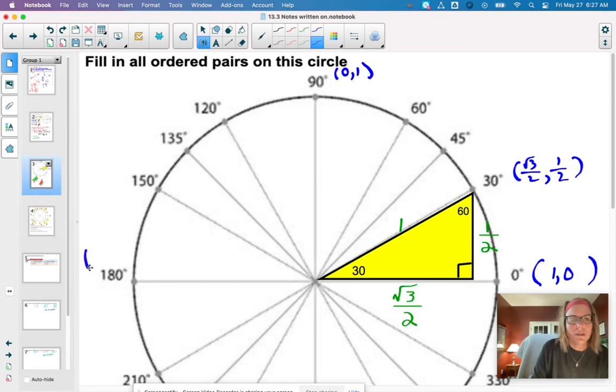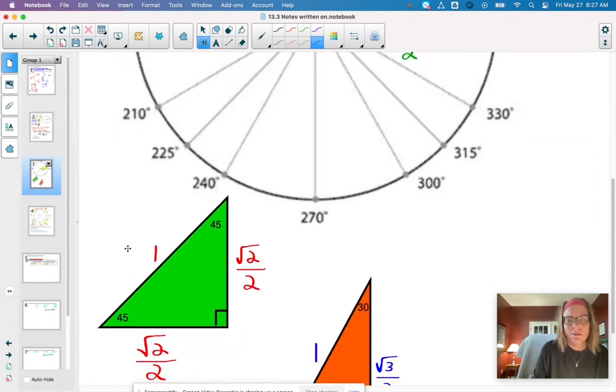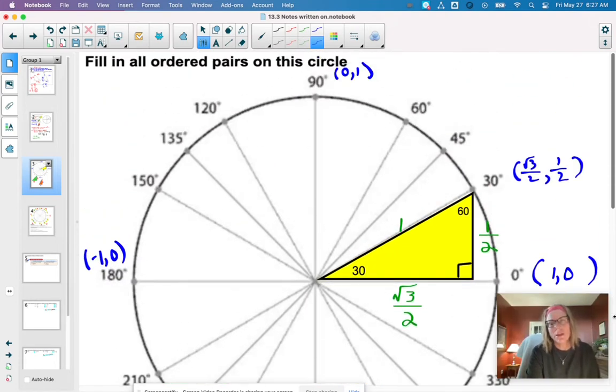At 180 degrees, we're going to the left 1 and up 0. And at 270 degrees, we're going to the right 0 and down 1. Why 1? It's because the radius is 1. And this is a circle, and the radius is your distance from the center of your circle to any point on the outside of that circle.